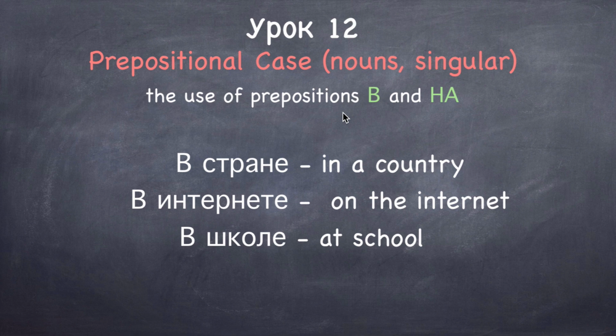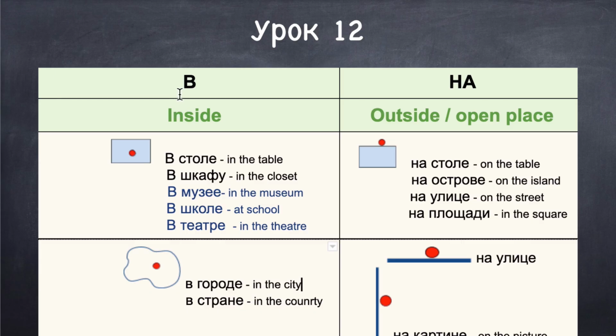As I mentioned before, Russian is a very visual language. So here we want to visualize a bit. Preposition В means inside. Inside of something. Something that has borders, a ceiling, visible borders, or boundaries.